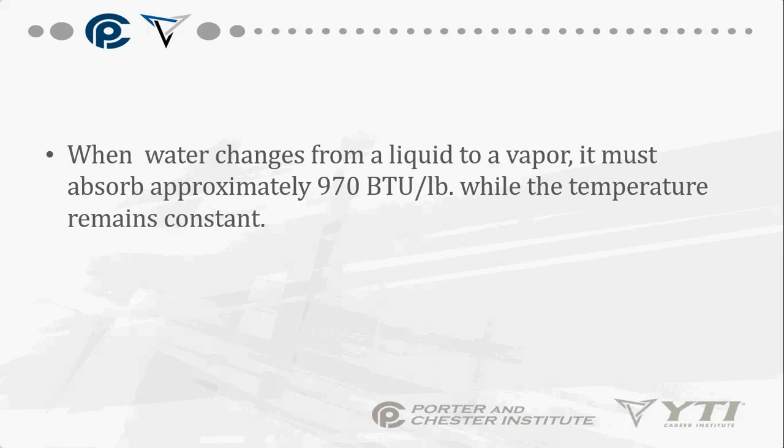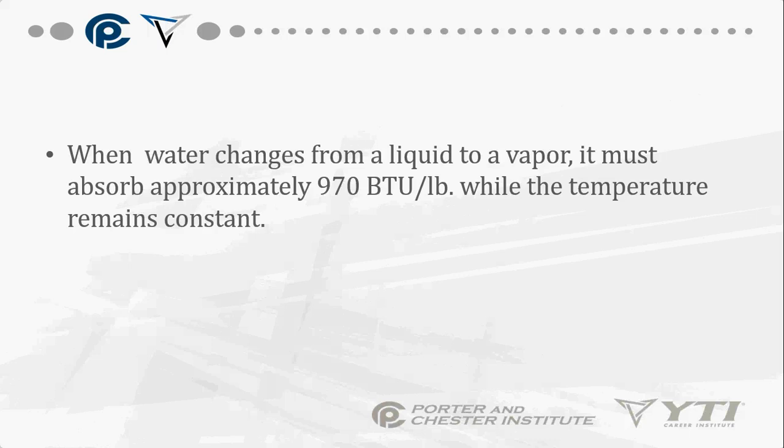Say, when water changes from a liquid to a vapor, okay? Think about steam, a pot of water on a stove. It has to absorb approximately 970 BTUs per pound of water while the temperature remains constant. That kind of makes sense, right? You're boiling a pot of water in your house at 70 degrees.